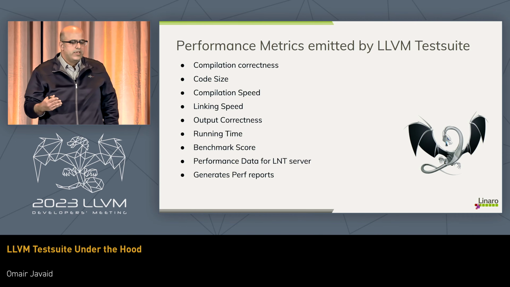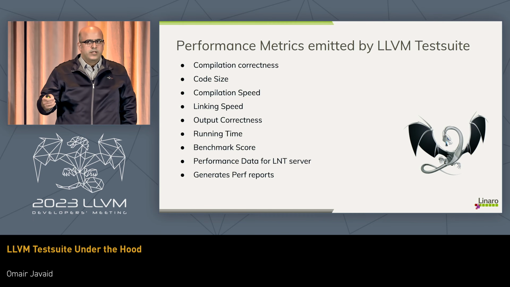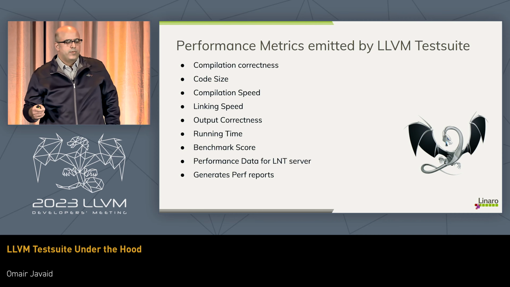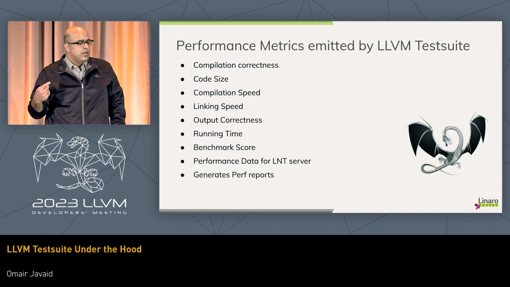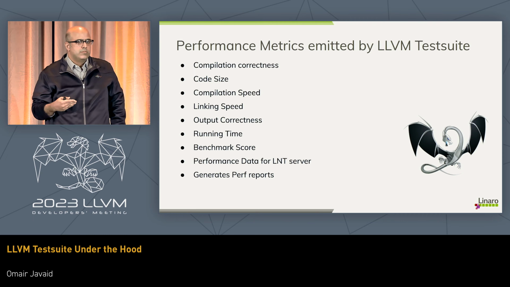Then we have the running time calculation as well. There's a utility that calculates the running time of generated executables. We can also have benchmark scores exported to the LNT server.